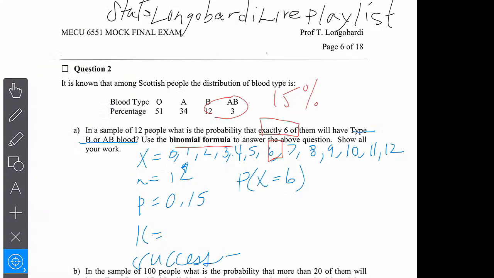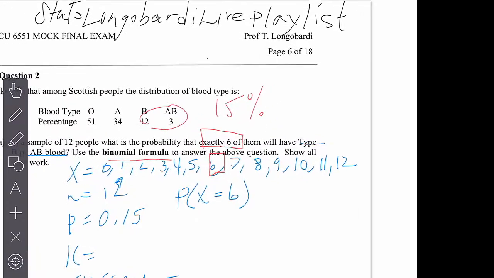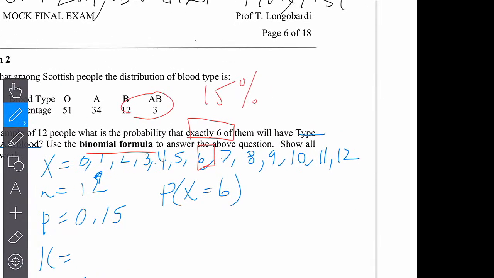So what you do is you say the chance of getting, the chance of a person having type B or AB blood is 0.15.